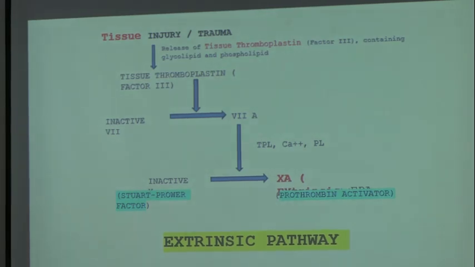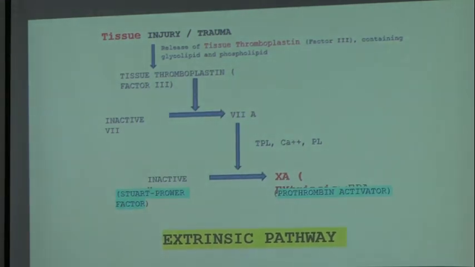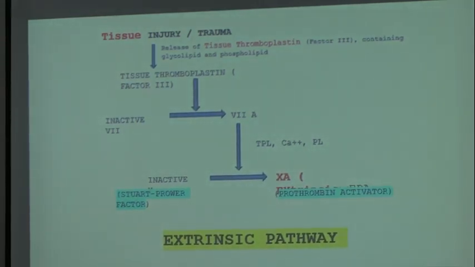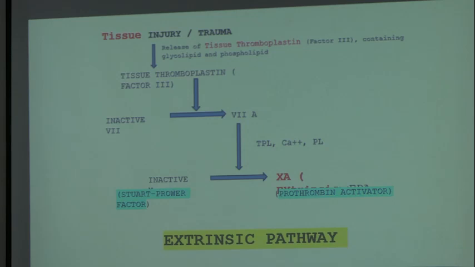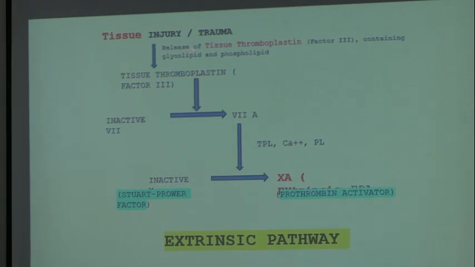Within the cell there are some components, phospholipids and lipoproteins. These phospholipids and lipoproteins are actually tissue thromboplastin, and this participates in the reaction. This is factor 3. That's why it is extrinsic, not intrinsic.